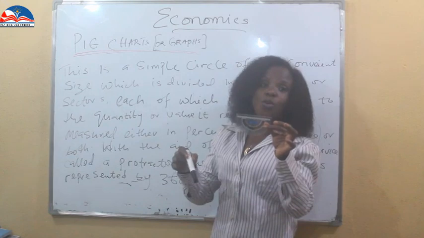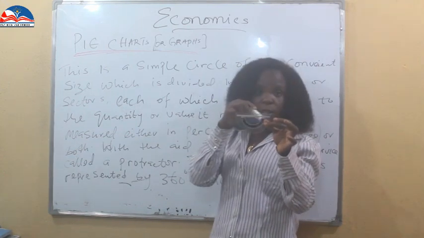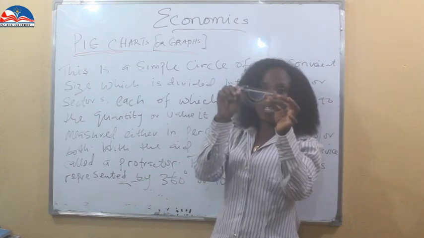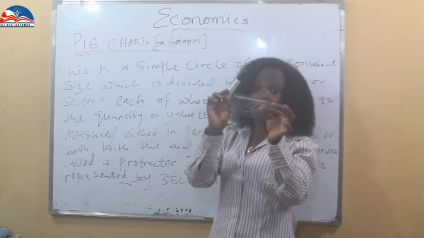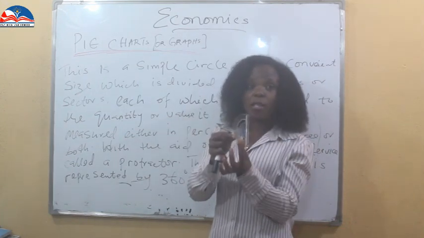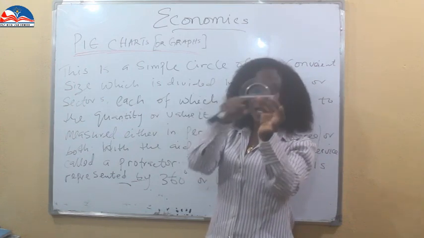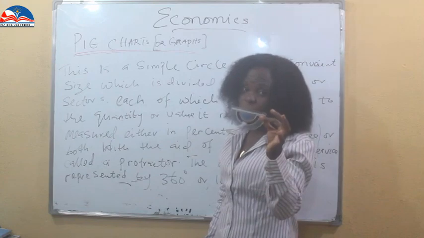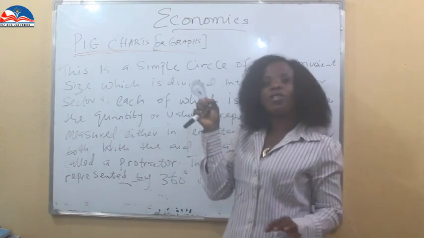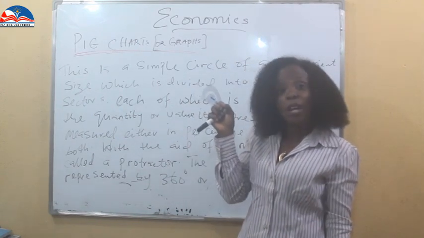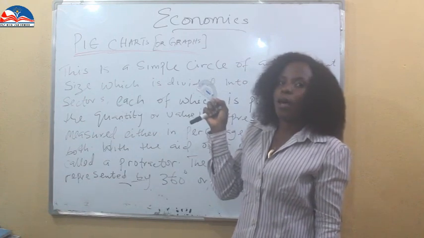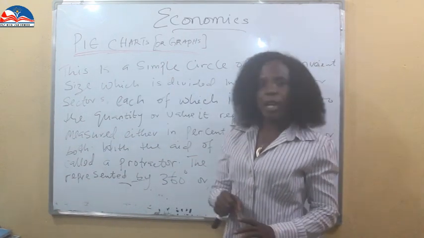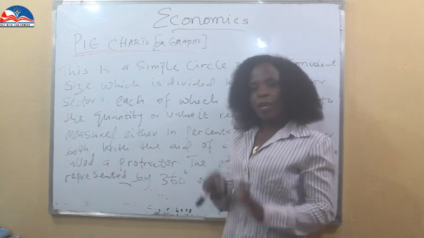So when you use it to draw a circle, either you take it this way or this center line, or in a smaller way, depending on the circle you want to draw. When you take it double side, it's going to be 360 degrees. So with the aid of your protractor, we are going to draw a pie chart using an example.